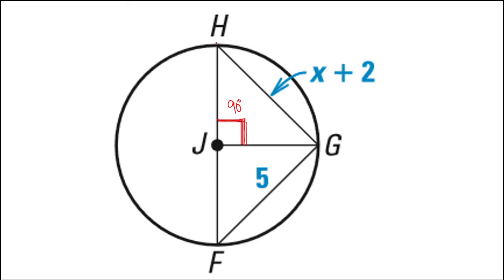So, ibig sabihin, itong diameter natin at saka yung radius natin ay perpendicular sila. So, pag perpendicular sila, they form a 90 degree angle. So, kung 90 ito, tapos ito semicircle, ibig sabihin ito rin 90. So, the two central angles are congruent. Okay? Ito 90, ito 90.